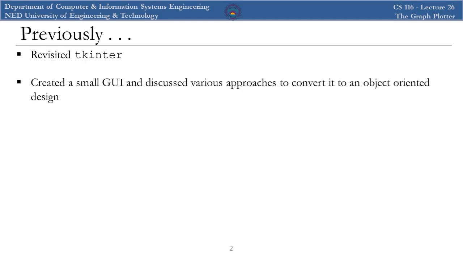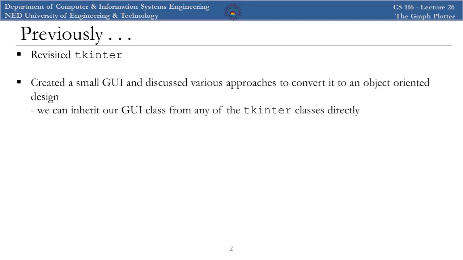So we made classes out of it, and we saw that we can even directly inherit from tkinter's main classes, and we can make our life a lot easier, and make our code look a lot cleaner. So that's what we were doing, and at the end I talked about another version, like what we had done in that application.